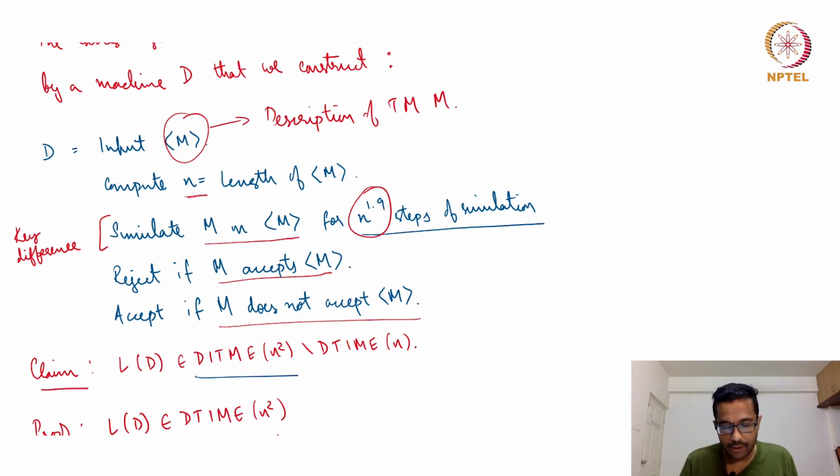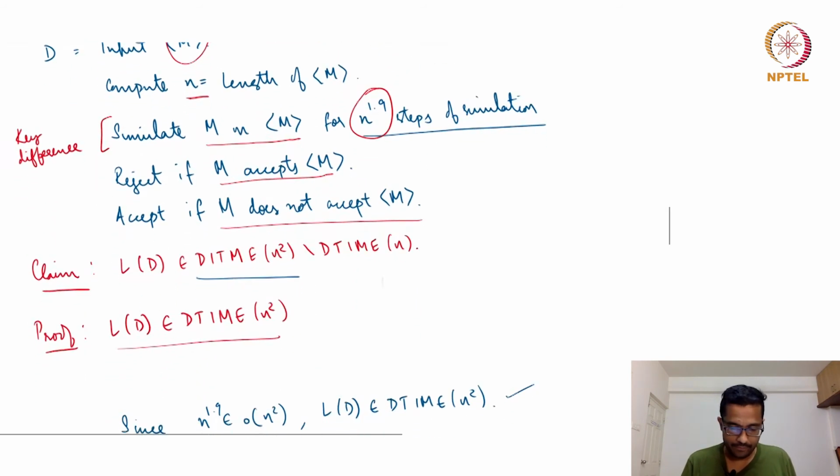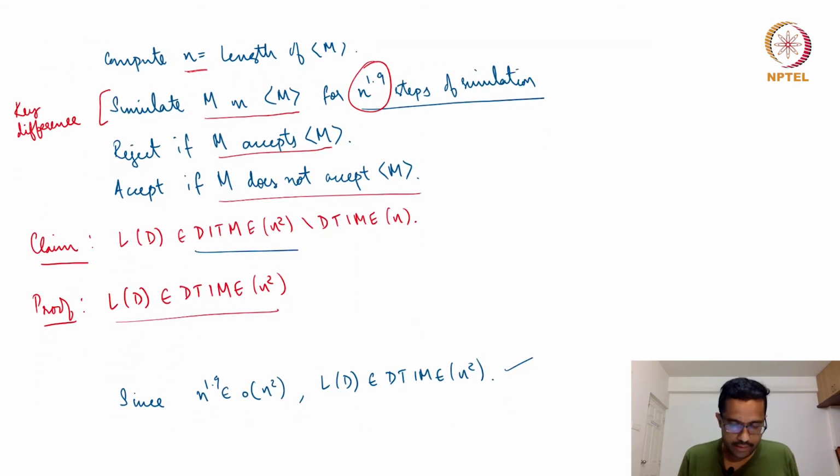M is simulated on its own description for n power 1.9 steps, and D rejects if M accepts and D accepts if M does not accept. So basically flipping the output of M. The language decided by D, we claim, is in D time n squared, but not in D time n.